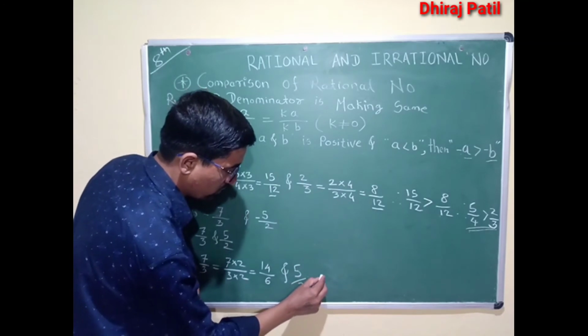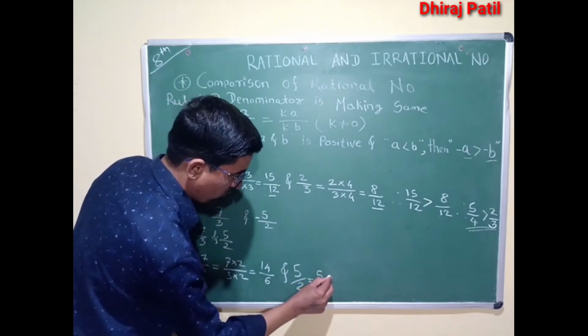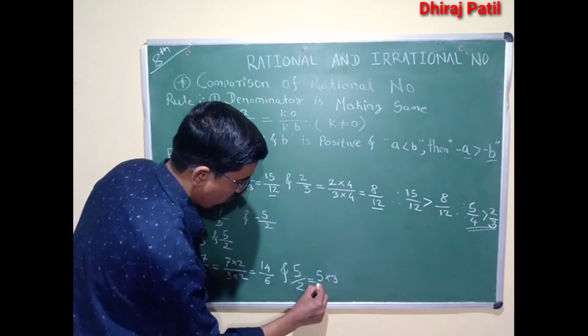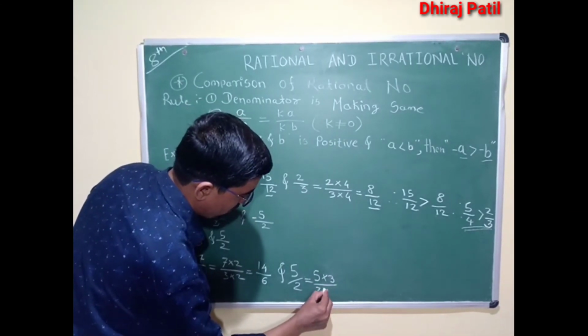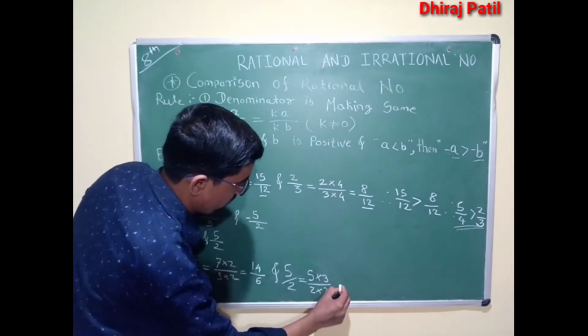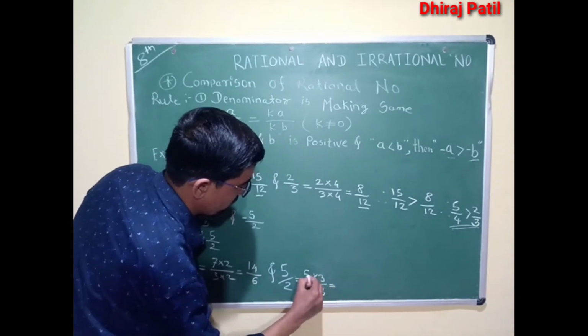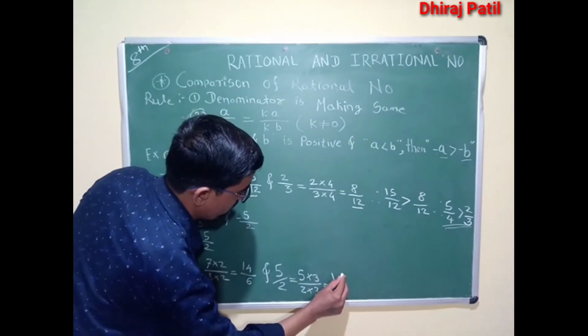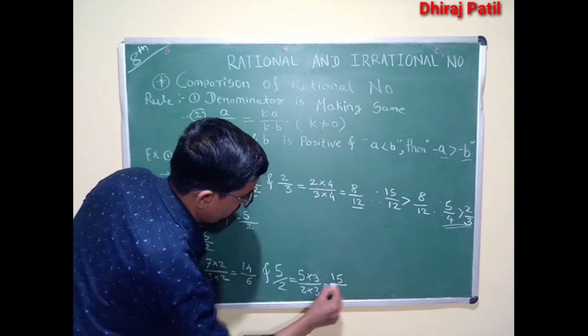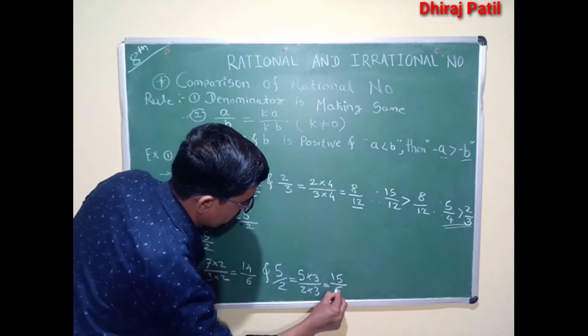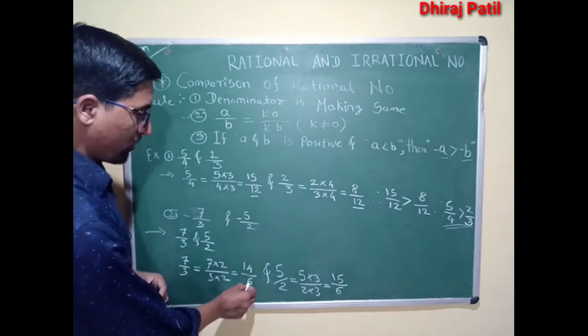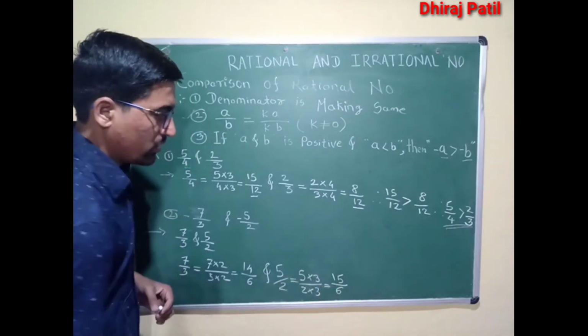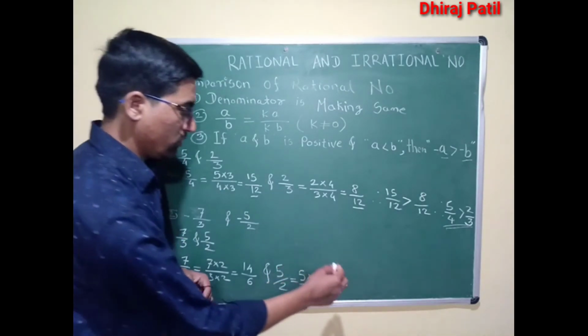So I take 3. 2 3s are 6, and 5 3s are 15, and 2 3s are 6. So, friends, our denominators are same. Then it is very simple to see which value is more.